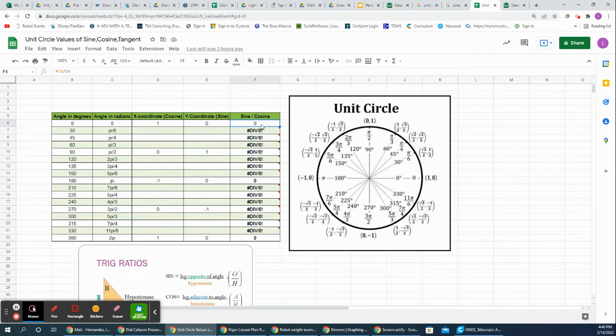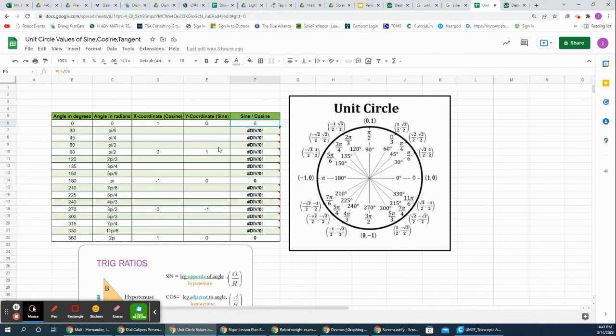Now, you might be wondering, what is this column here? This column is already generated by dividing the sine, just like you see here on the heading, the sine value divided by the cosine value. So for example, for this one here, what's 0 divided by 1? 0 divided by 1 is 0. And that's how I got this value.